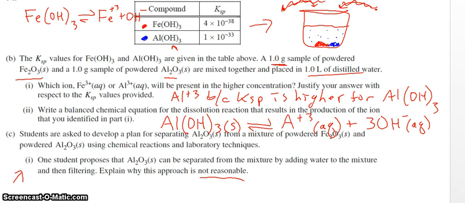Now, we said that aluminum has a higher Ksp, so you will get more aluminum than you will get iron, quite a bit more, but still you can't separate them that way because your filtrate will have both of these. There's really no way to separate because they're both insoluble. They both go into solution, but by different amounts, but they are both present in the solution, and that's why it will not work.